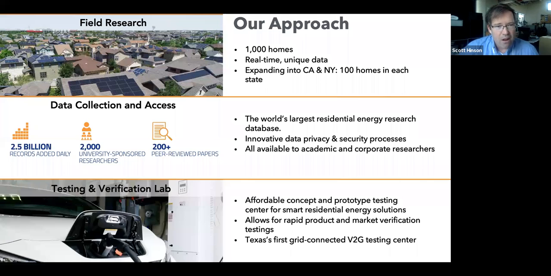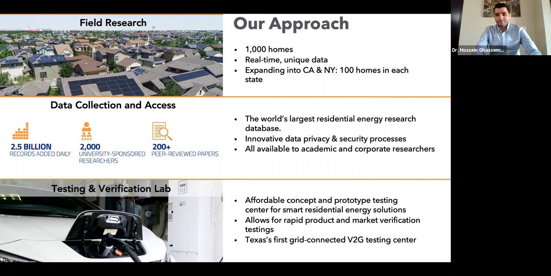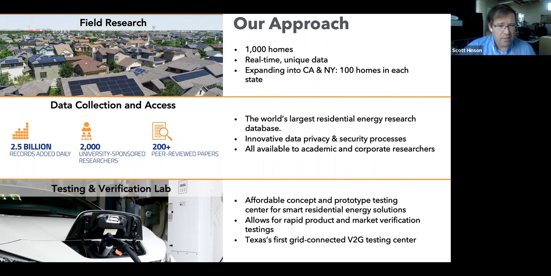A bit of background on Pecan Street's DER research. We have three core capabilities: our field research, our database of data that we've been collecting for years, and our lab. We do research into smart DERs, inverters, microgrid systems, energy storage systems, and demand response systems across all three portions of that research.